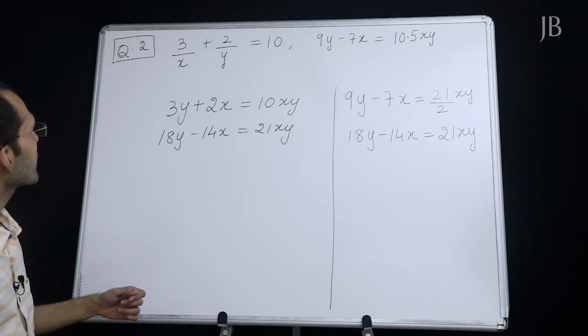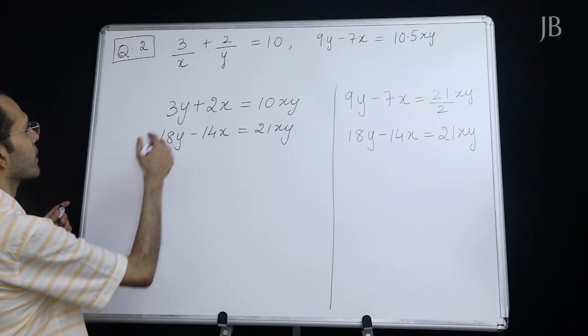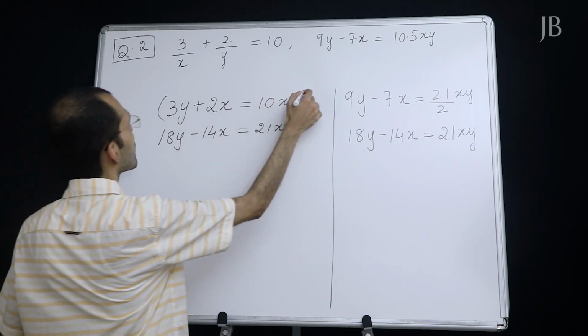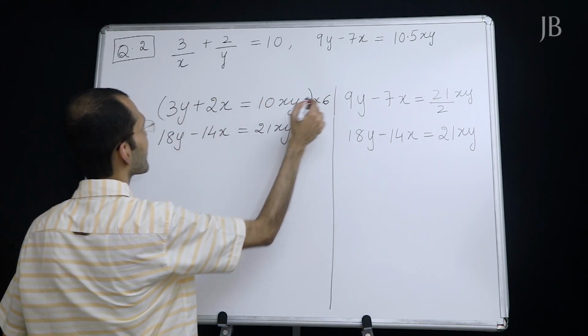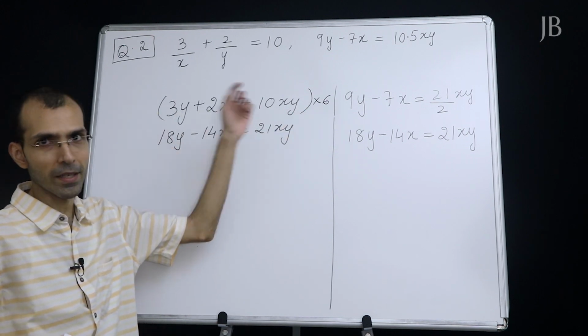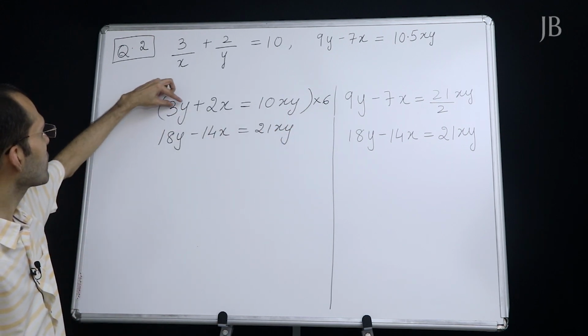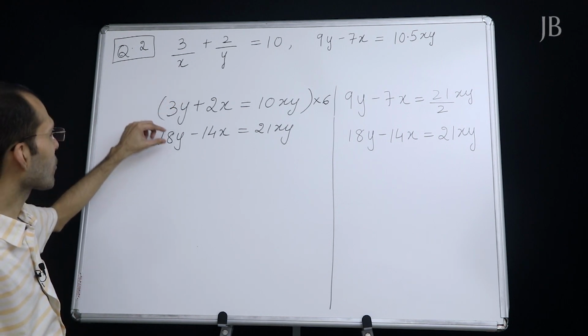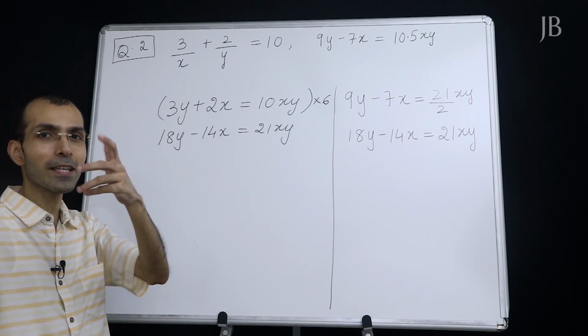So what is the best thing? Okay, this equation you can multiply by 6. If you multiply this equation by 6, throughout of course, the concern is this will become 18y and there is already 18y here. So one term is equalized.